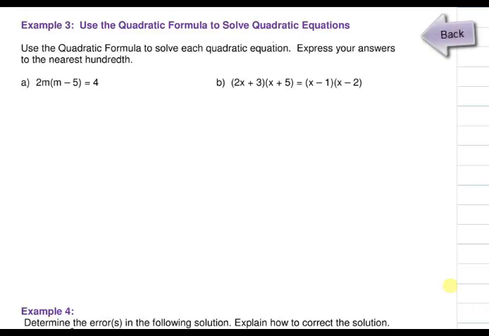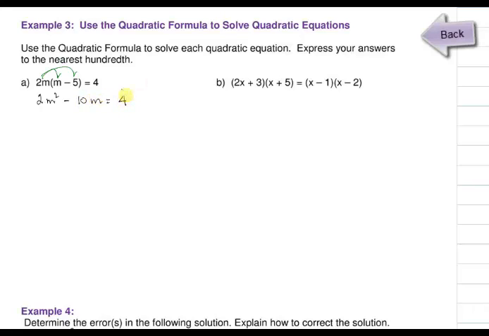So in the next one, we're going to still use our quadratic formula to solve our quadratic equations. And we are going to express our answers to the nearest hundredth. But in these ones here, we have to do some simplifying first in order to get our equation into standard form. So on the first one, you will first start by distributing the 2m, and that's going to give you 2m squared minus 10m.